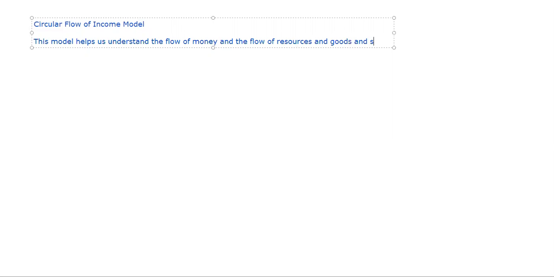So this model helps us understand the flow of money and the flow of resources and goods and services in the economy.